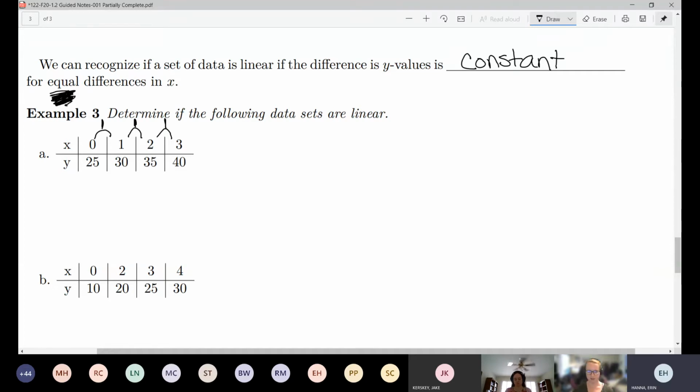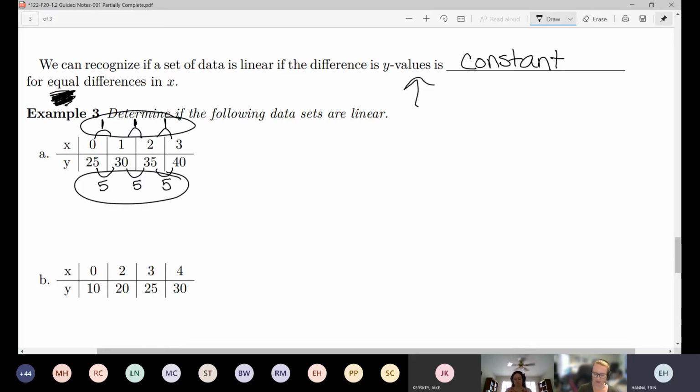So I've got these equal differences in x, so that's pretty good. And then I increase by 5, and by 5, by 5 each time for the y values. Now, this one is super easy to see because it was equal differences in x and equal differences in y.